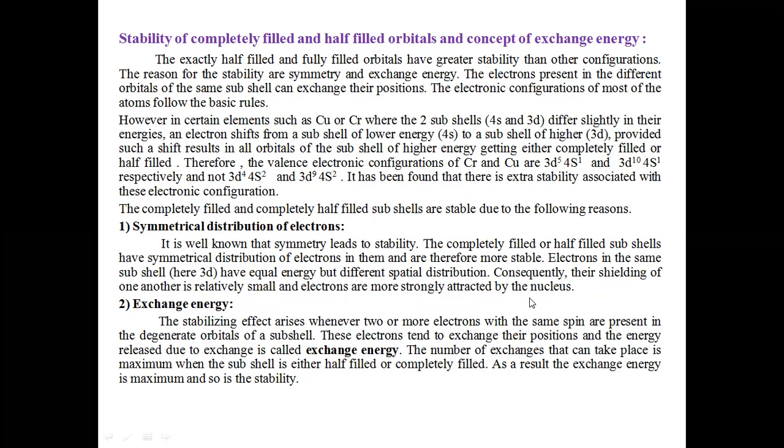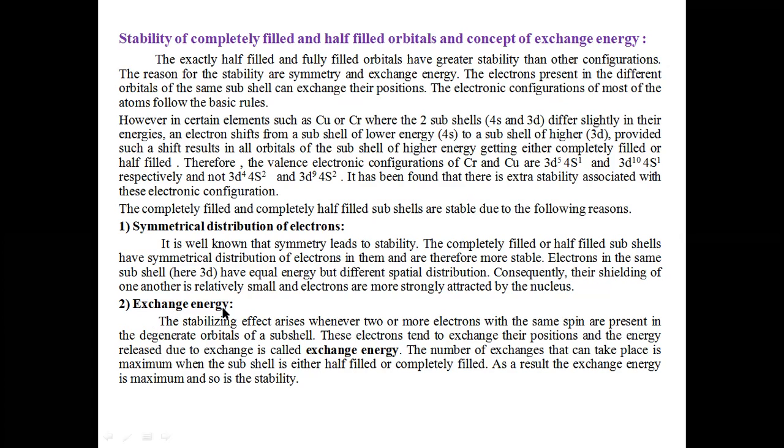Shielding is nothing but the blocking of the valence electrons from reaching the nucleus. Here the shielding of one another is small, so the electrons are strongly attracted towards the nucleus.